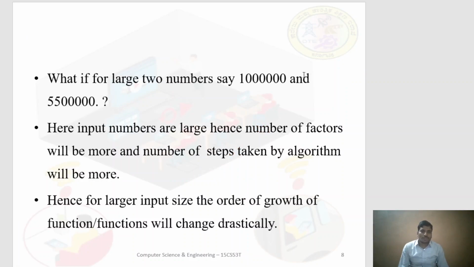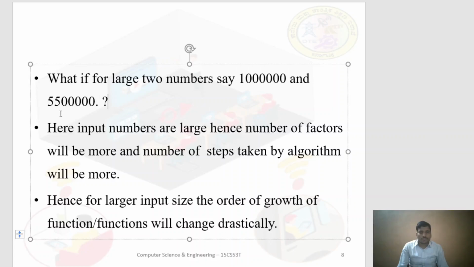What if the input numbers are large? Say I have two numbers, that is 10 lakh and 55 lakh. By the traditional method, if we try to find the common factors of these two numbers, then we will get more factors.